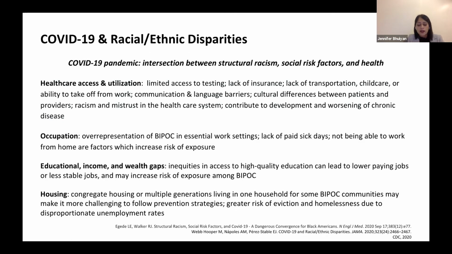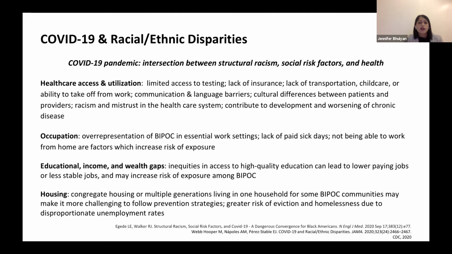Well, the COVID-19 pandemic is a great illustration of this intersection between structural racism, social risk factors, and health. And unfortunately, we're seeing this all interplay, and again, that burden is falling on Black, Indigenous, and persons of color.